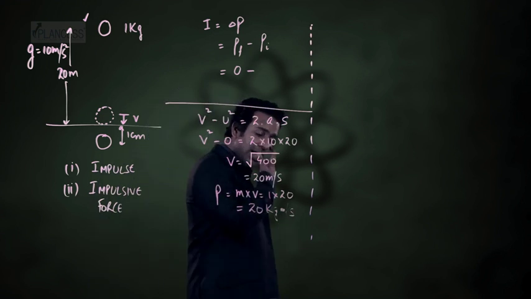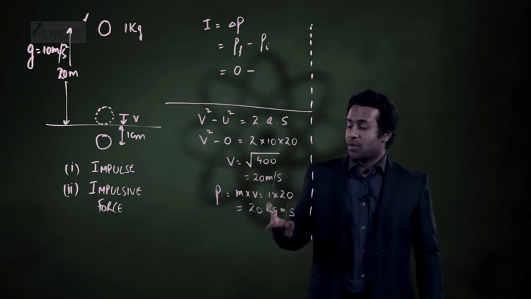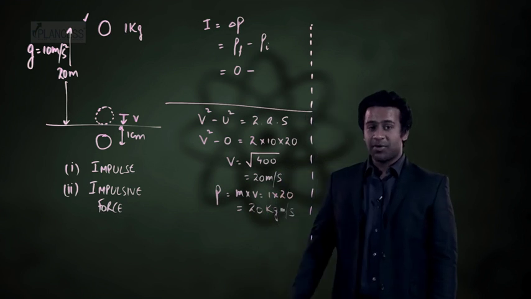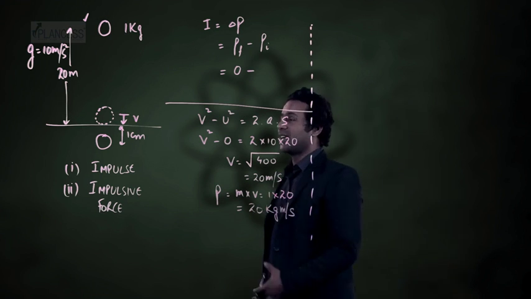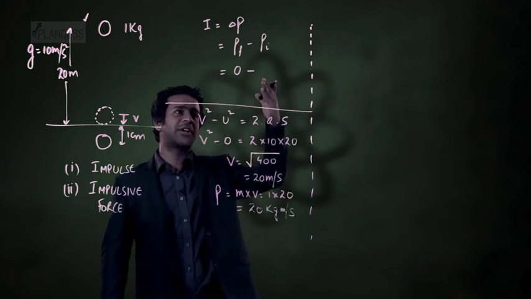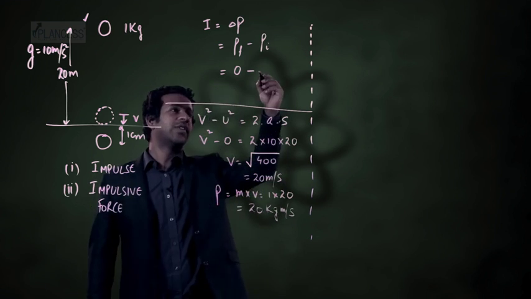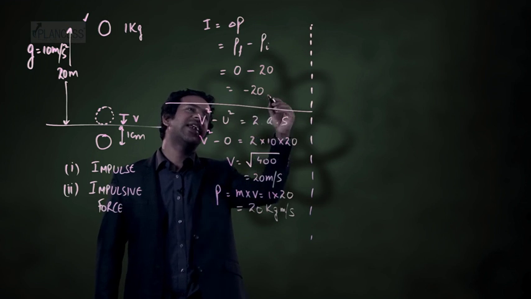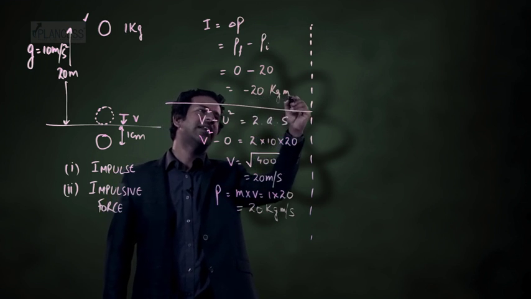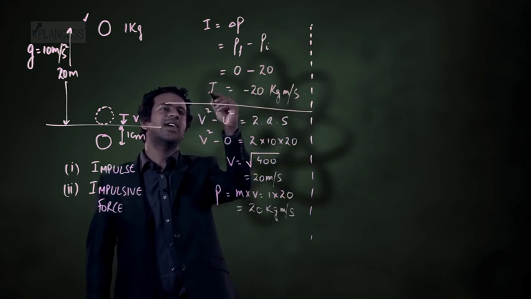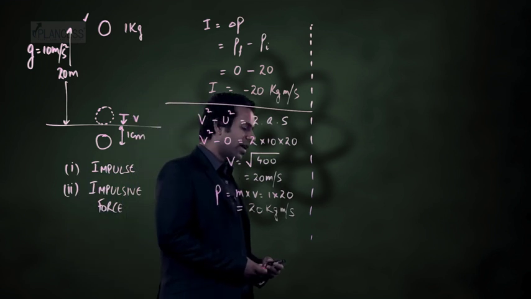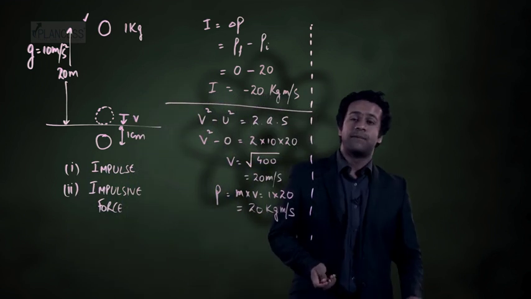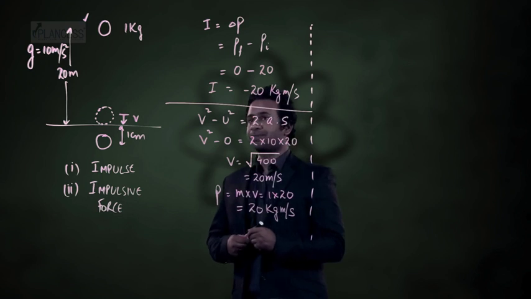So this is the momentum of the ball just before it hits ground, and that is the same value that we need to substitute in this equation. So we have 0 minus 20, which is equal to minus 20 kg meter per second.